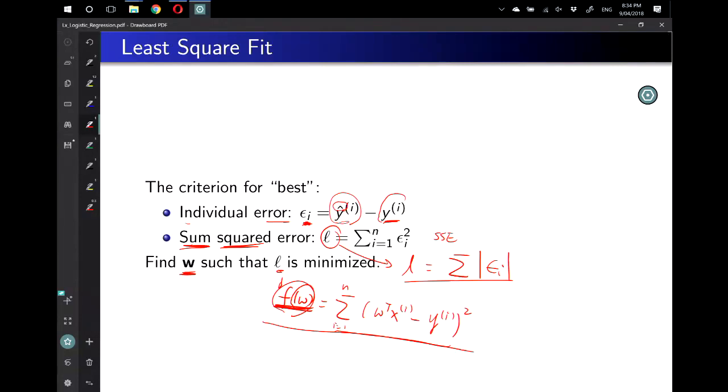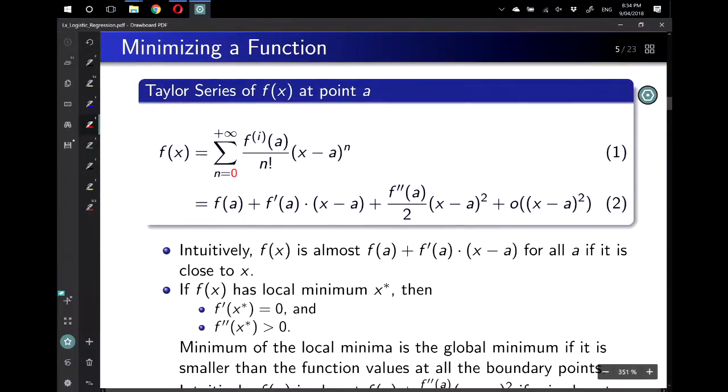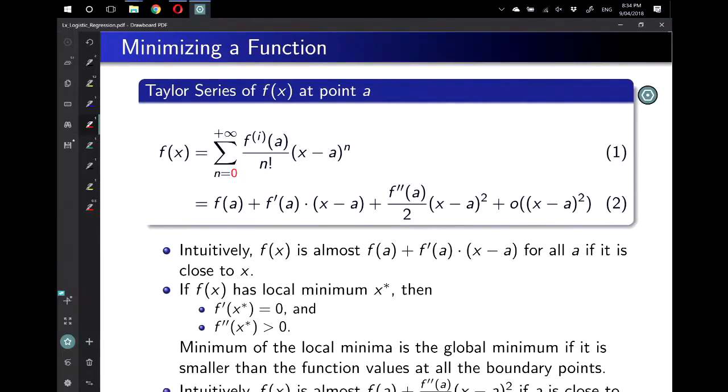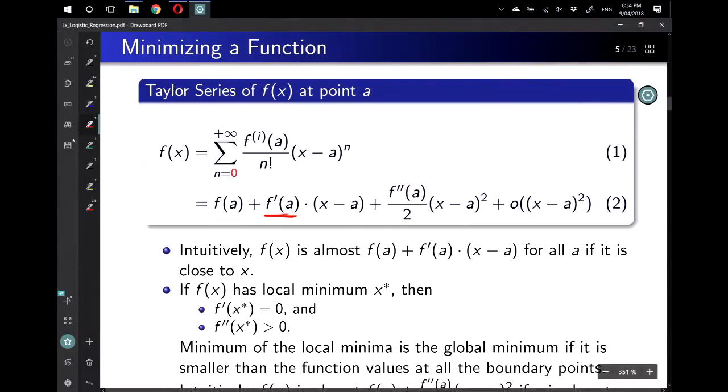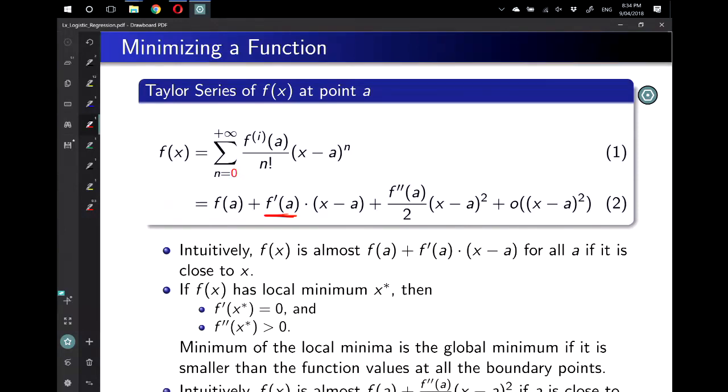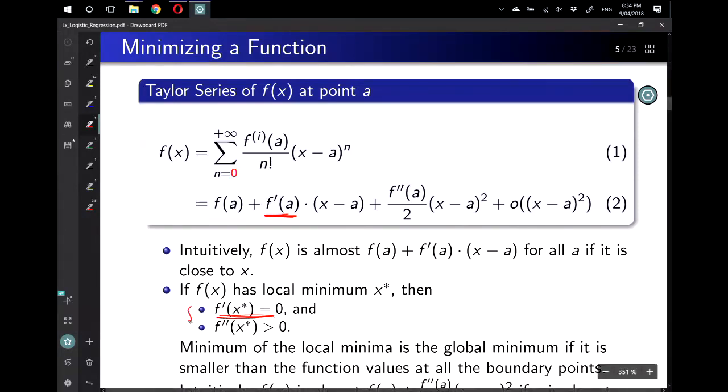And there are actually a lot of ways to do that. I won't go into details, but you probably know that if we want to find a minimal point, I need to make sure that the first derivative of this f at the particular point is going to be 0. So essentially that's the condition for a local minimum.